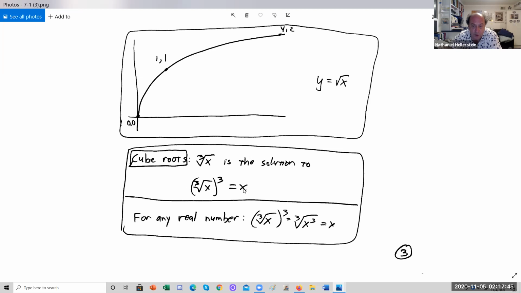It's a number which, when cubed, gives you x. Now we don't have to worry about absolute values or negative numbers. This works fine because cubing is a lot nicer for signs than squaring is. So the cube root of x, cubed, is x, and the cube root of x cubed is x. So the cube root is the inverse function of cubing, as square root is of squaring.